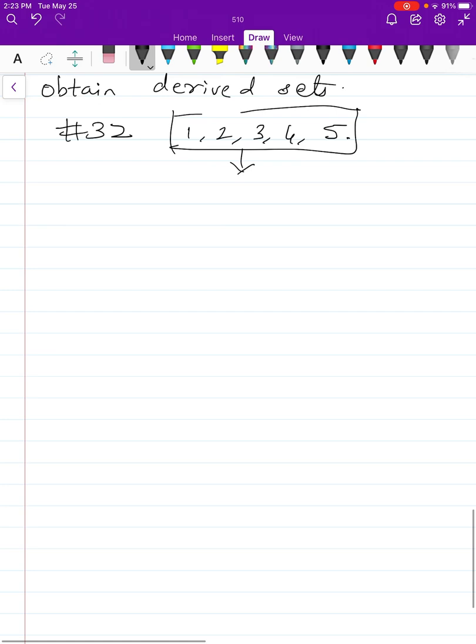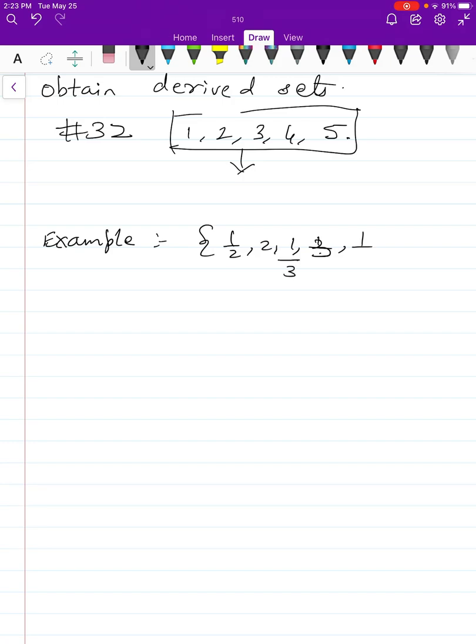So how is that? Let me give you an example. Suppose you have a set 1 over 2, 2, 1, 1 over 3, 3, 1 over 4, 4, things like this.